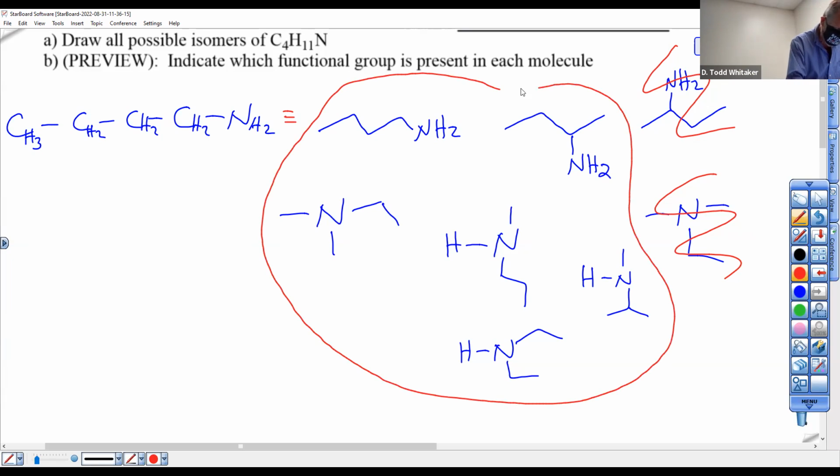That's all I need to see. And that's 7 structures. We did all the ones with N with 2 H's and 1 C. All the ones with N with 1 H and 2 C's. And we're done. Because we got one with an N and 3 C's too. All right, that was fun.